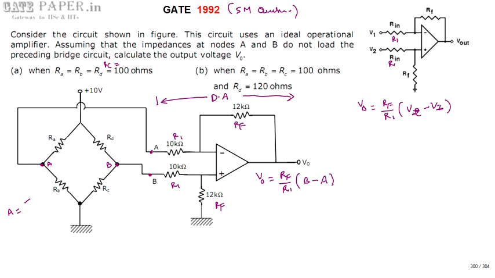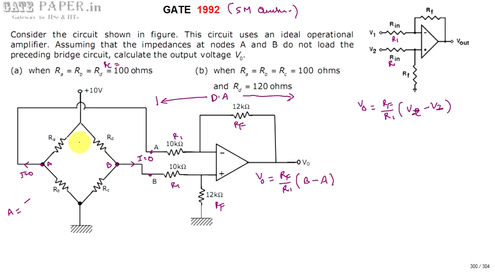That means the current flowing through this one is assumed to be 0. Current flowing into the internals is assumed to be very small. It is not loading, so the entire current is going through the RA and RB branch, and the current through this other one goes through this branch.